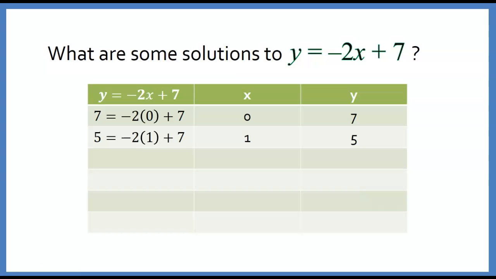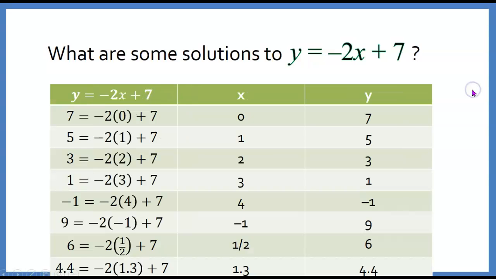Can you find some other possibilities here? If you want to pause the video, you can. Try to come up with at least a couple more alternatives. Okay, here are some of the ones I came up with. X could be 2 and y could be 3, because negative 2 times 2 plus 7 does equal 3. X could be 3 and y could be 1. Negative 2 times 3 plus 7 equals 1. X could be 4 and y could be negative 1.